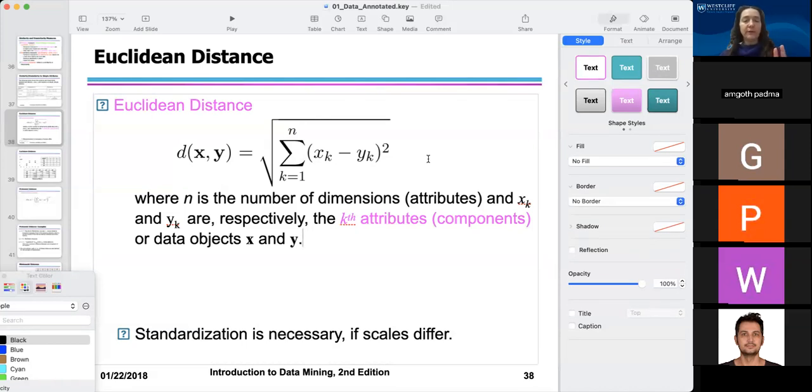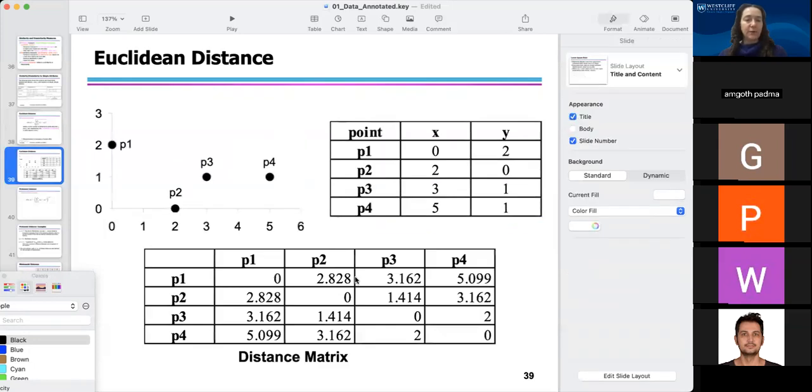So we're going to subtract the value of attribute 2 for X from the value of attribute 2 for Y. If we have more than 2 attributes, we will keep adding those here. That's why we have this summation, K from 1 to N. So as many attributes as we have, we're going to add them together. And that gives us the Euclidean distance.